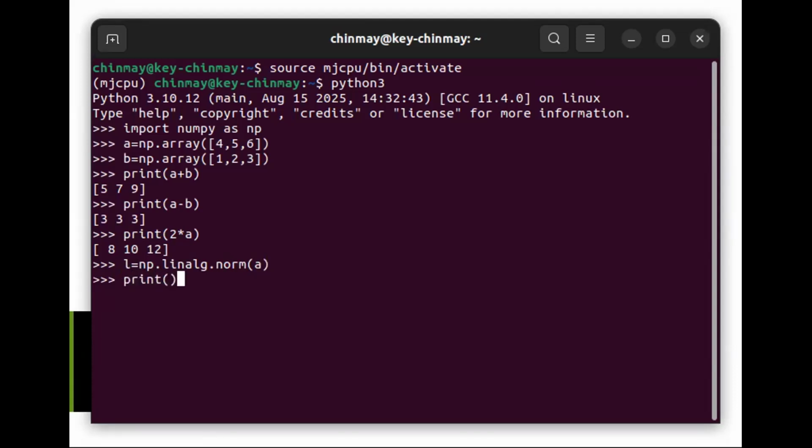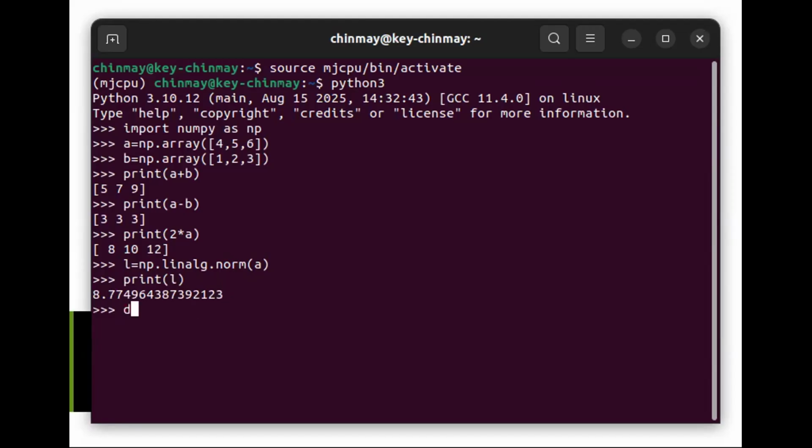I want to print L. L is basically for a, which is 4 5 6: square root of 4 squared plus 5 squared plus 6 squared, which will give you the value 8.7. So this is the length.